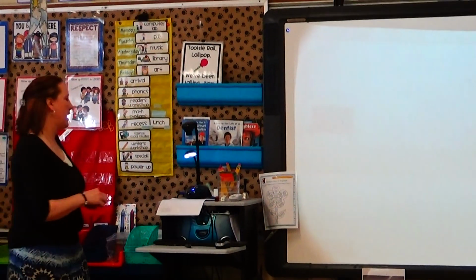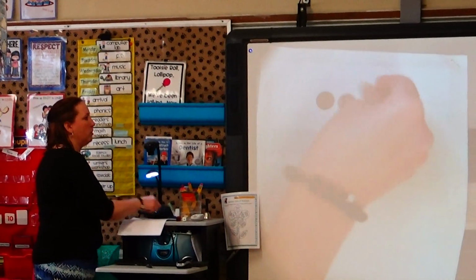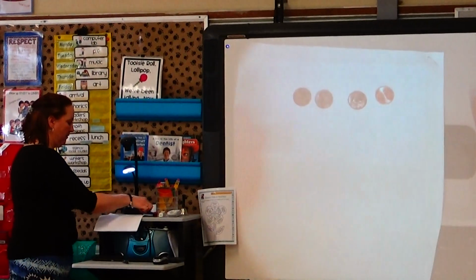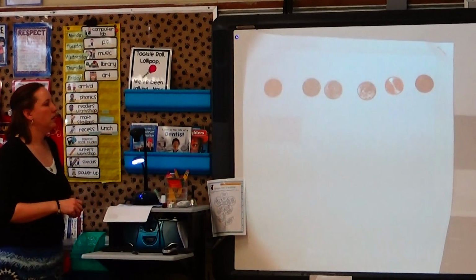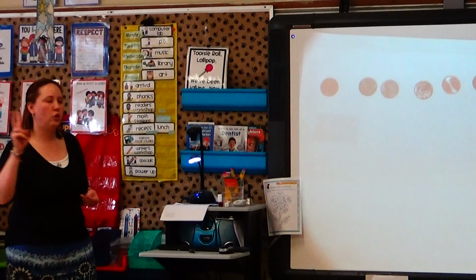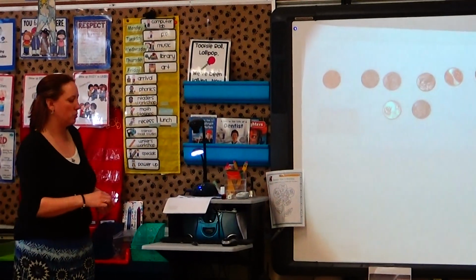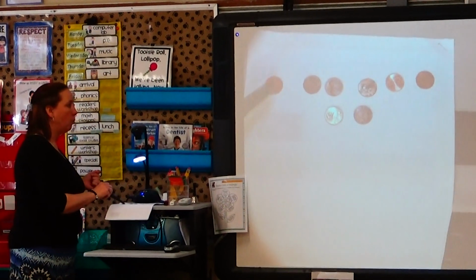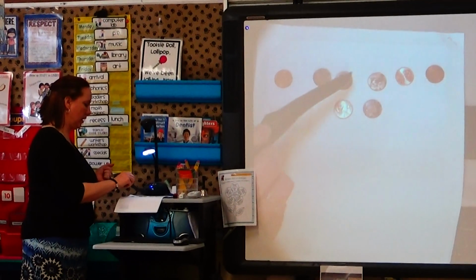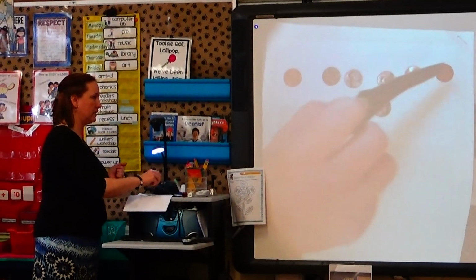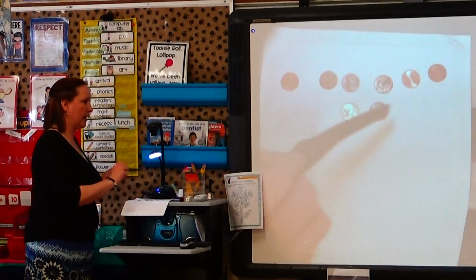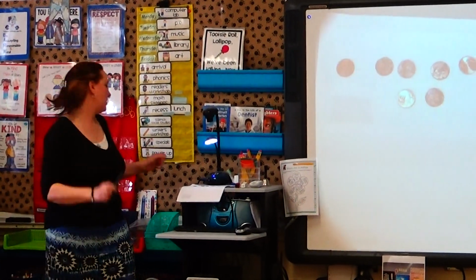All right, let's count them out. 1, 2, 3, 4, 5, 6. Now how many more was it? 2 more pencils. Steve gave her 2 more pencils. So let's count how many pennies we have all together. 1, 2, 3, 4, 5, 6, 7, 8. So how many? 8. You guys are right.